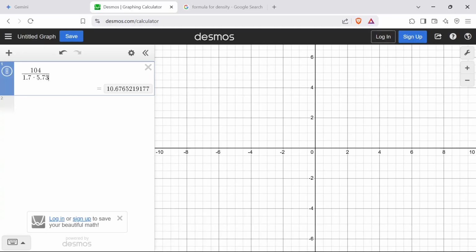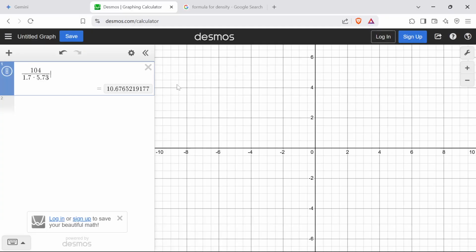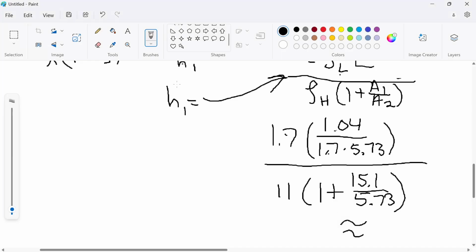See, I already have this one. 104 divided by 1.7 times 5.73. I can just build on it in Desmos times 1.7. And then that whole thing divided by 11 times 1 plus 15.1 divided by 5.73. And that equals approximately 0.454.